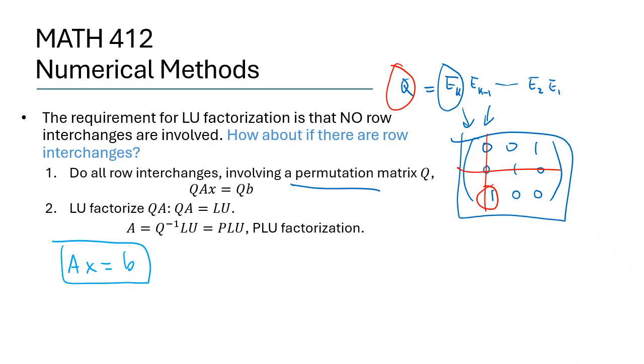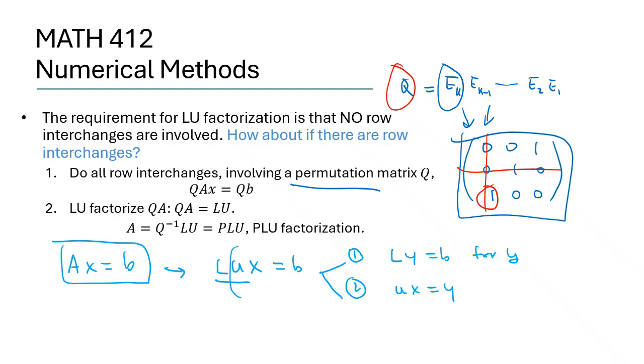Given that A is factored as LU, we take two steps: one, solve LY equals B for Y first, and two, solve UX equals Y for X. That's our purpose.